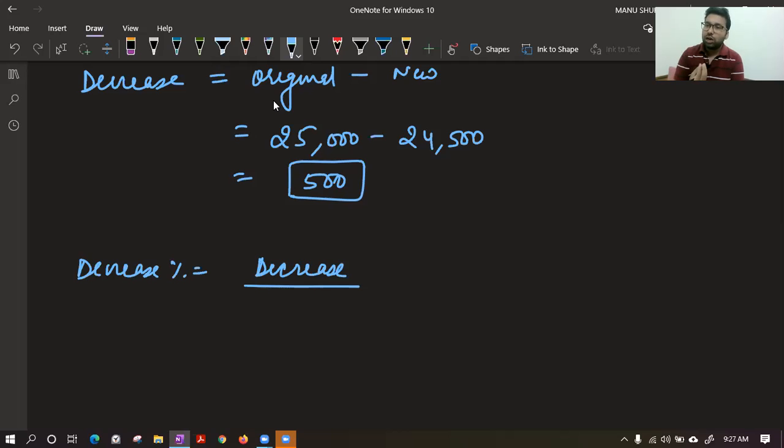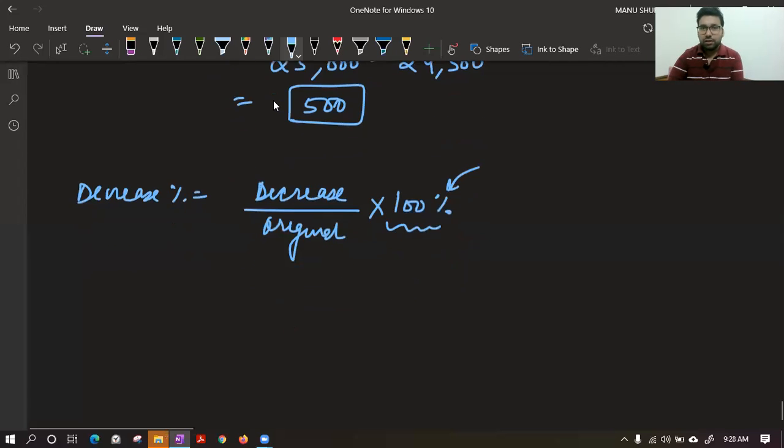Whatever you are finding percentage for, you divide by the original thing, multiplied with 100, and put the percentage sign.